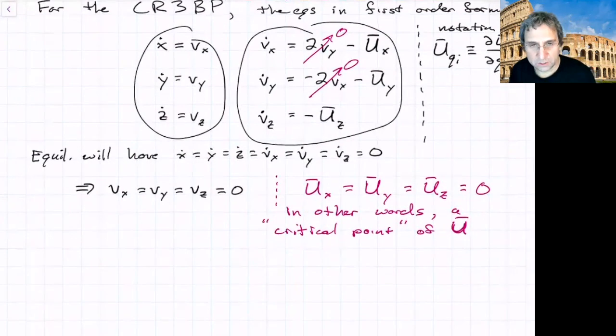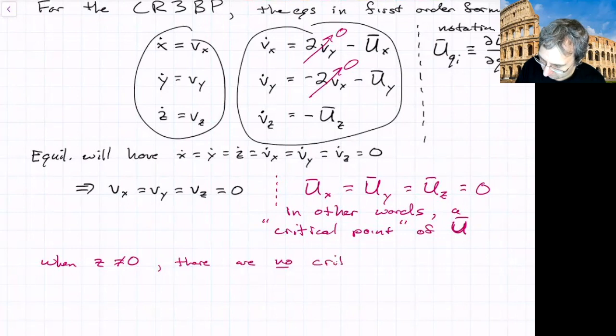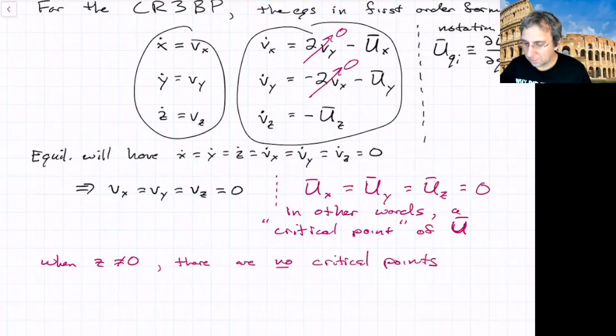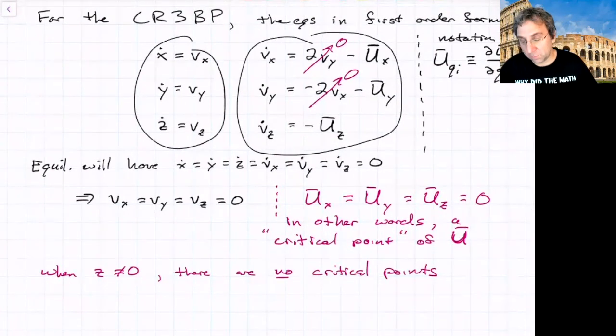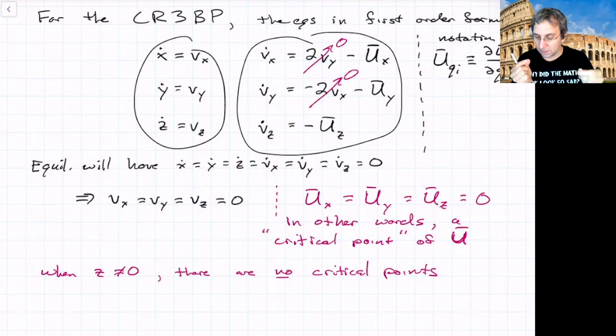You'd have to take the partial derivatives to look at that, but when z does not equal 0, there are no critical points. That means there are no equilibrium points out of the plane of the two primary masses. We're looking at two masses, M1 and M2, moving in circular motion about their common center of mass. All of the equilibrium points, if they exist, and they do, are in the plane of the two bodies.